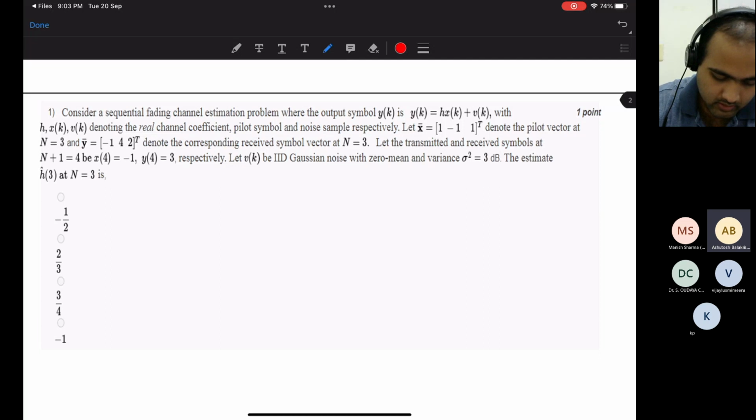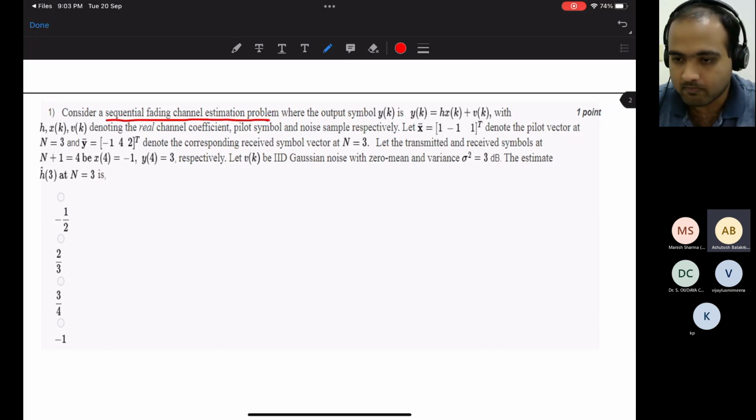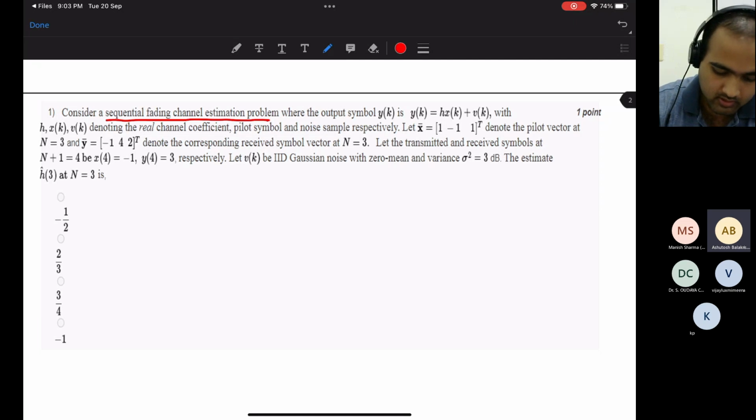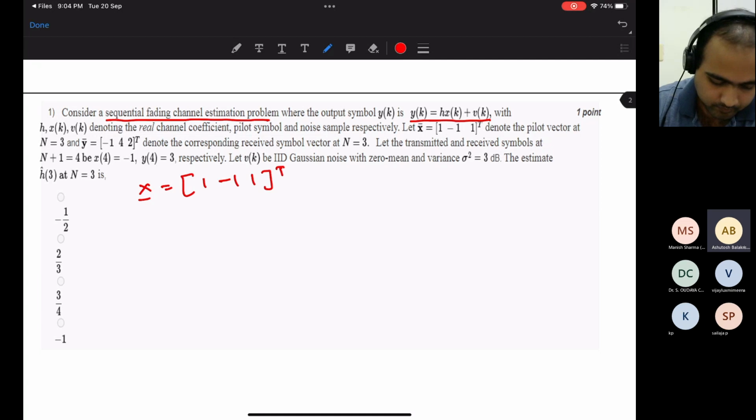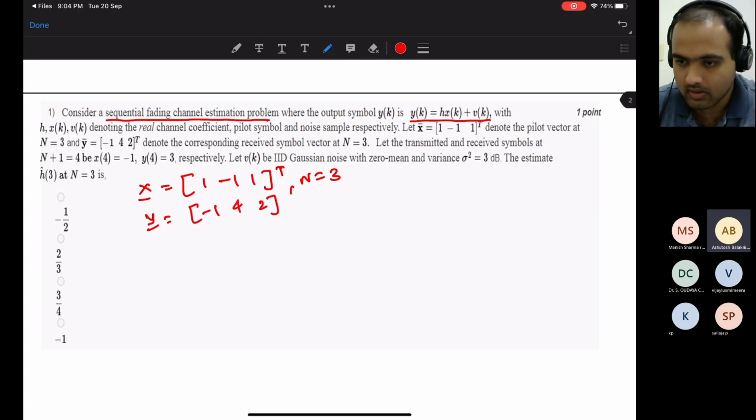So we have a sequential fading channel estimation problem. Our output is given as yk equals h times xk plus vk. We are given that x is [1, -1, 1] transpose, which is my pilot vector, and n is 3, that is, we have 3 observations, and the y vector is [-1, 4, 2], so these are my observations.